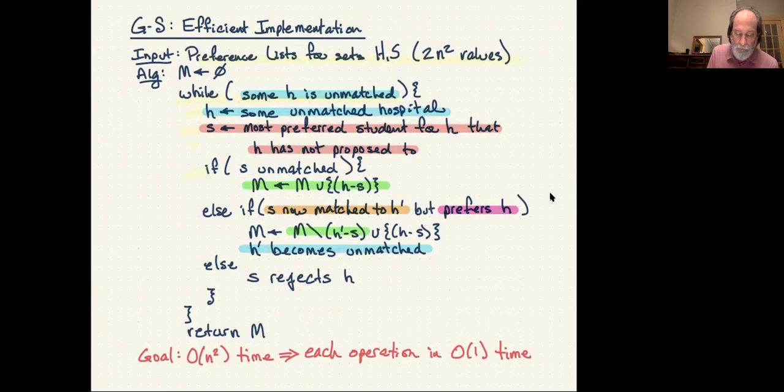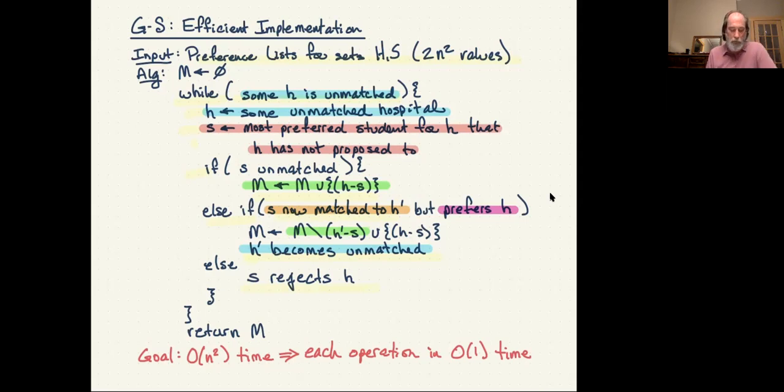If the student is unmatched, we add HS to the matching. If matched, we check whether the student prefers H or H prime, the hospital previously matched. Then either we replace the pair H prime S in the matching with HS, and H prime becomes unmatched, or S rejects the offer and basically nothing changes.